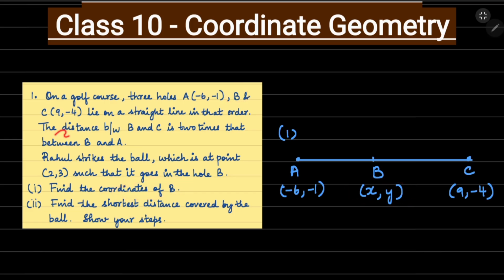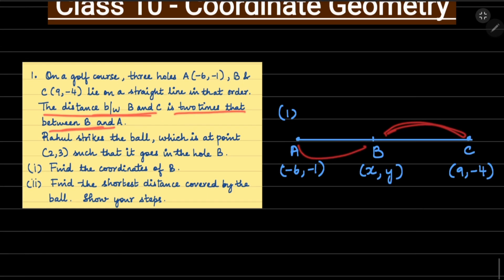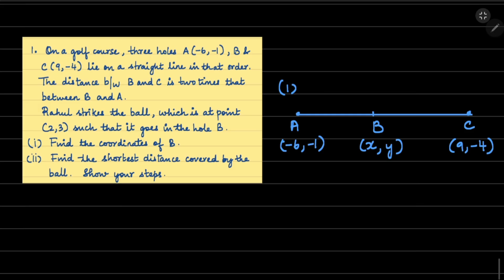The next sentence is the distance between B and C is 2 times that of B and A. So what is given here? The distance between B and C, that is BC, is equal to 2 times AB. So we need the ratio AB by BC.